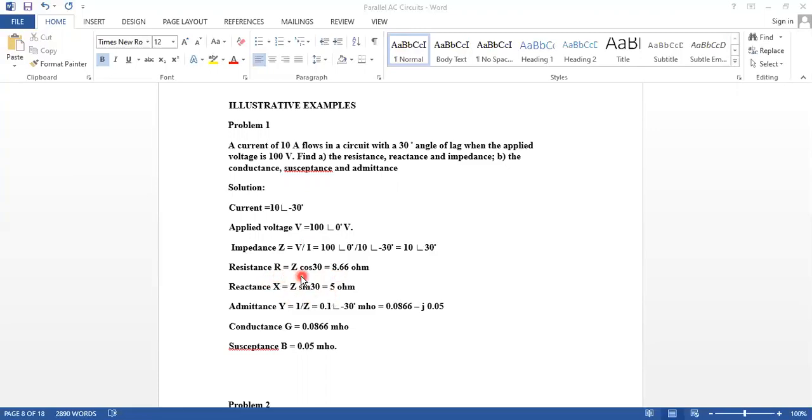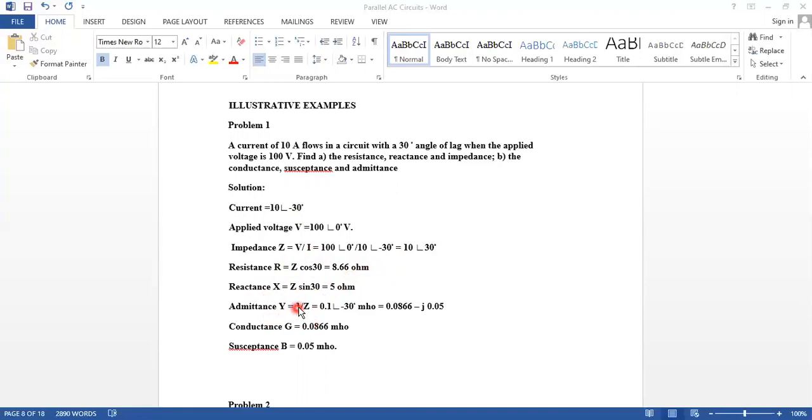So R is equal to Z cos 30 degrees, and the reactance X is Z sin 30. Now these two together form the impedance, R plus jX.